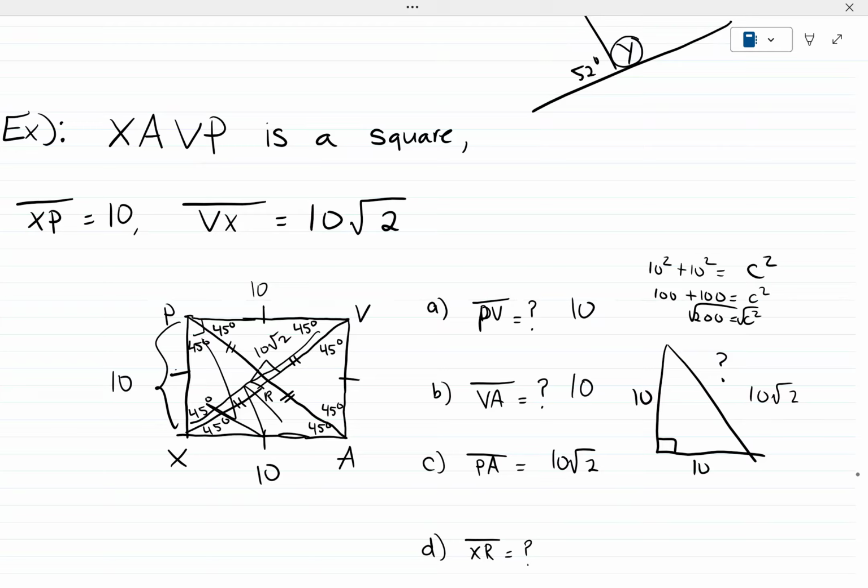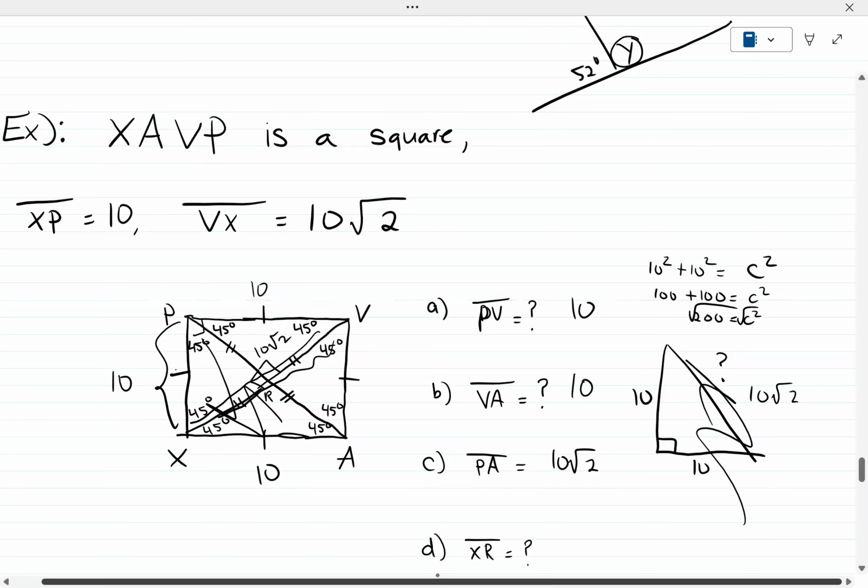Oh, wait, hold on. Did I mess up? On letter C, they want to know the length of PA. We didn't even have to do this because they actually tell us that the length of VX, where's VX, is 10 radical 2. So that means this entire length is 10 radical 2. That was given. So the length of PA is also 10 radical 2.